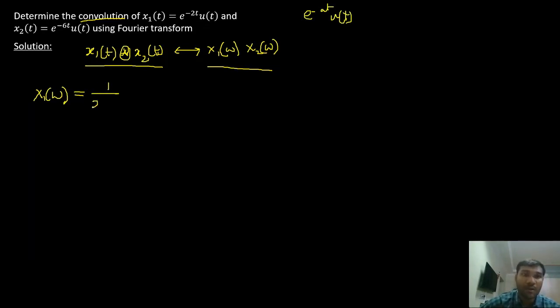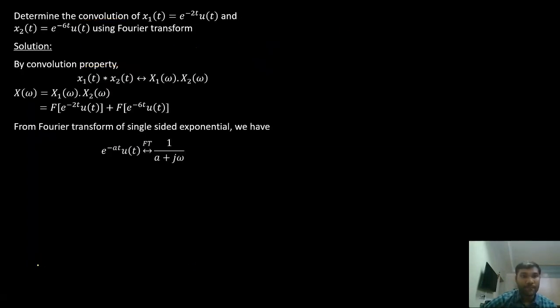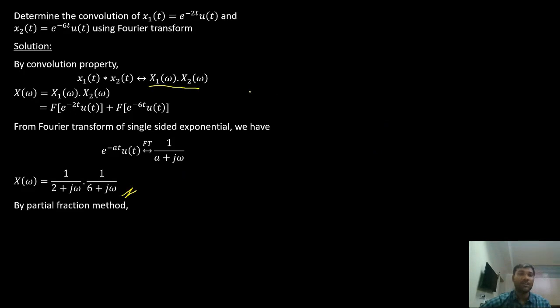So 1 by 2 plus j omega, and X2 of omega is going to be 1 by 6 plus j omega, right? So this is the X of omega. X of omega is nothing but the multiplication of my X1 and X2. So 1 by 2 plus j omega into 1 by 6 plus j omega.